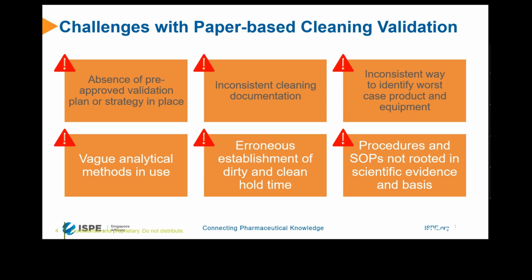That is all on paper. So how do you reduce the risk coming from paper-based processes? That is what these examples are. Inconsistent cleaning validation documentation is a very big one.